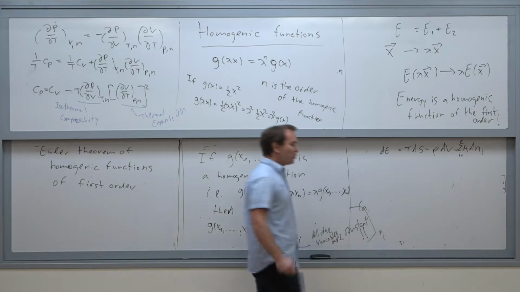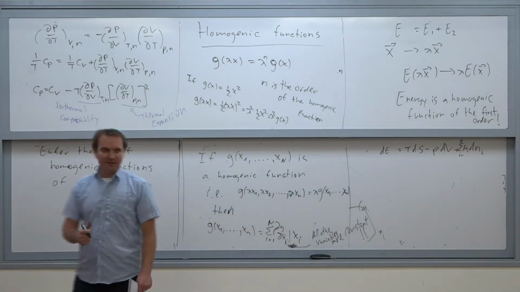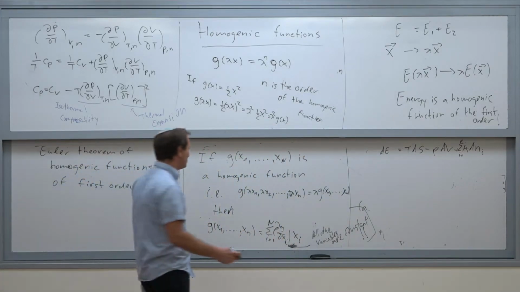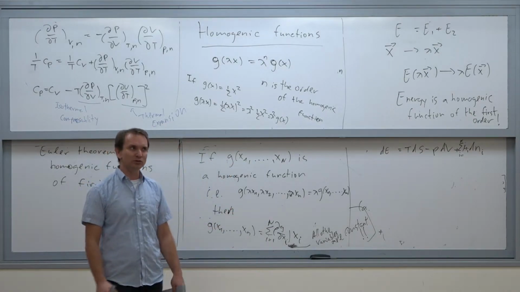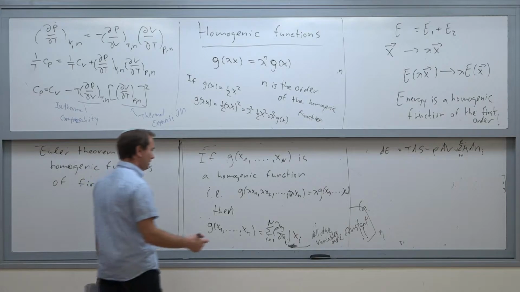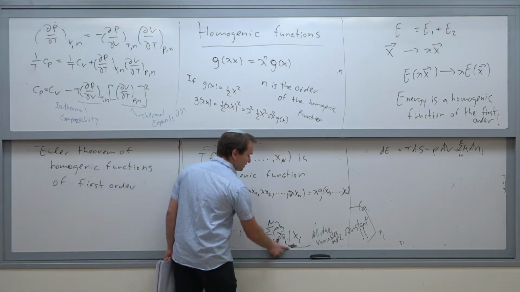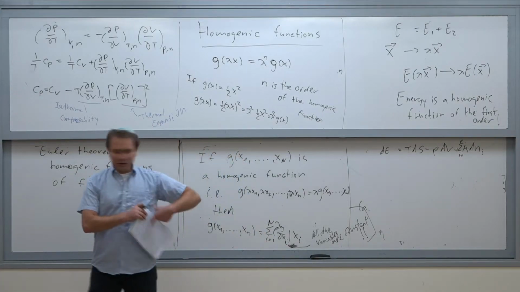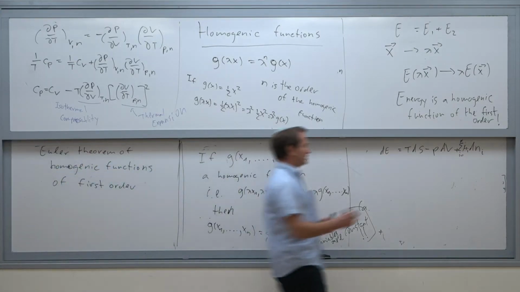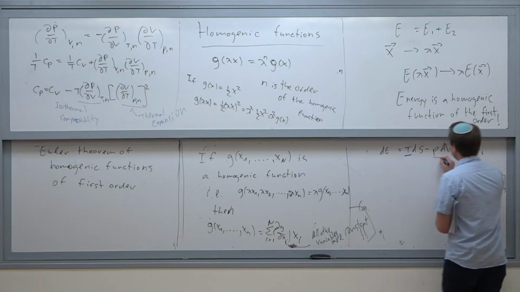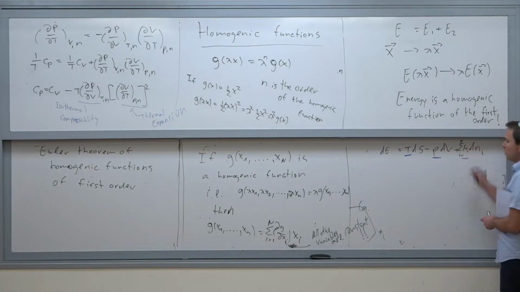Now we know that energy is an extensive function. If energy is an extensive function, it's a homogeneous function. And if it's a homogeneous function, the only thing that we need to know in order to say what the energy is are the partial derivatives of this function. And what are the partial derivatives of the energy? It's T, P, and all the mu i's.